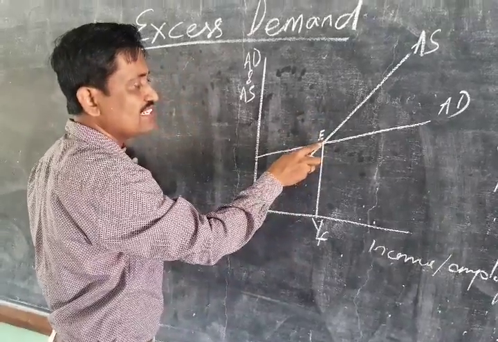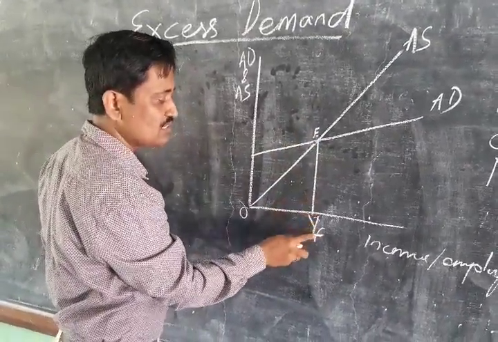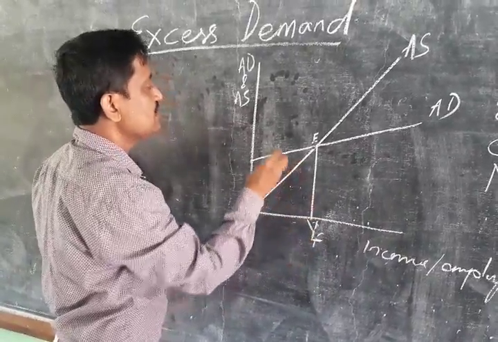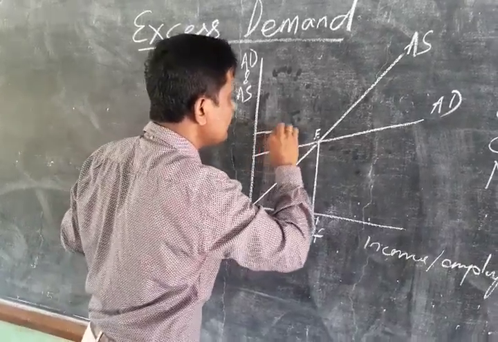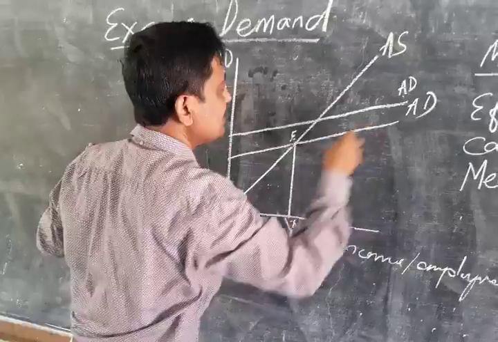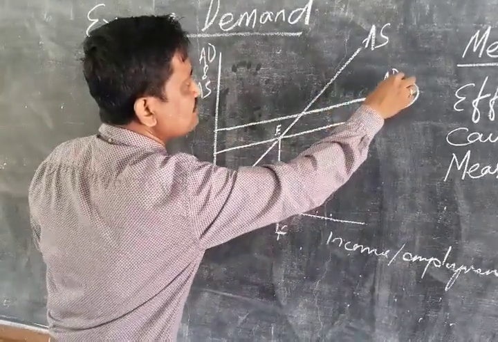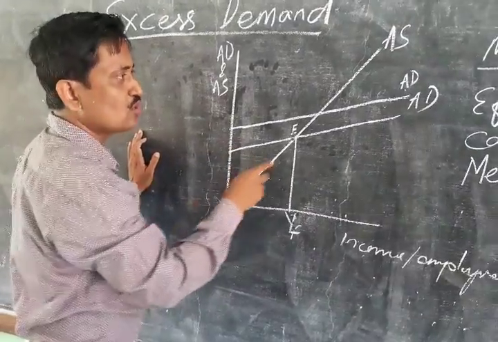Accordingly, we have decided the equilibrium level of income, and we are assuming that this is the full employment level of income. Let's say due to any reason, your investment increases. If investment increases, then the aggregate demand curve will shift parallelly, as we are assuming investment is autonomous.